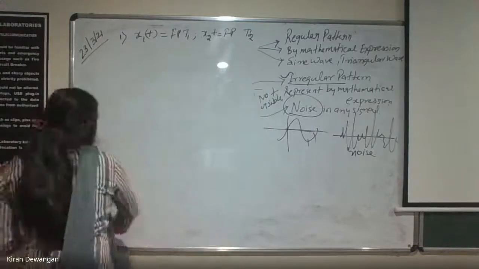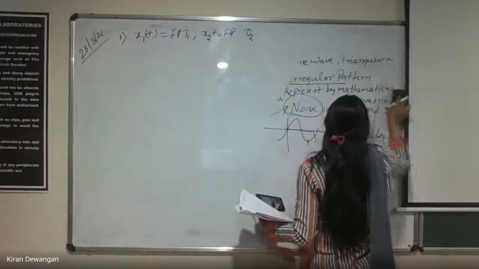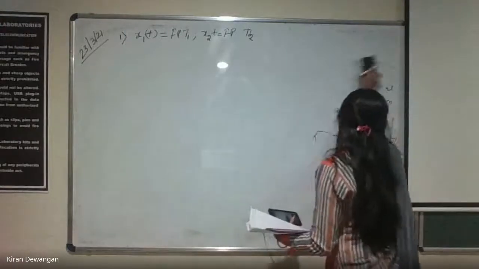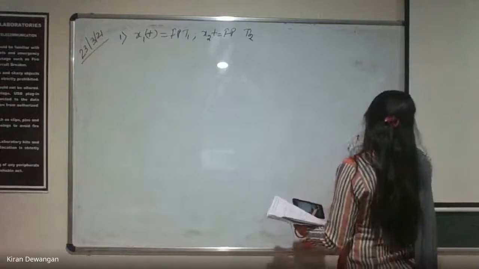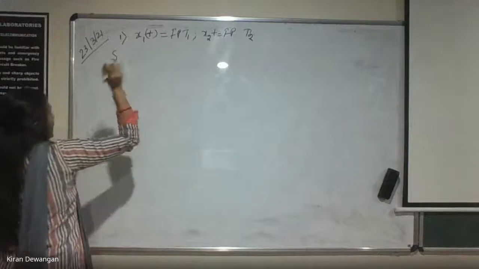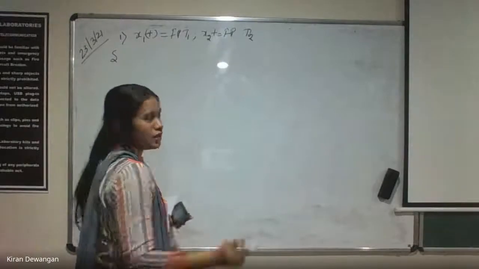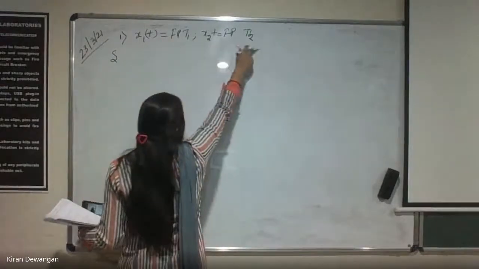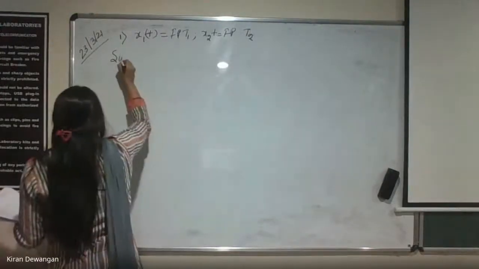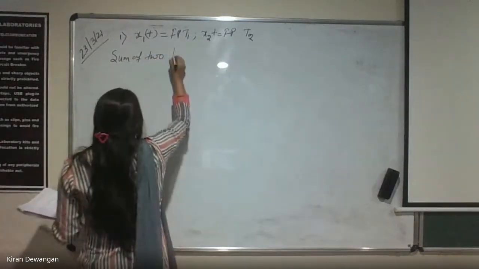Since we are talking about continuous time signals, and the fundamental periods are given as T1 and T2, that means both the signals are periodic. Clear? Then the sum of two periodic signals.